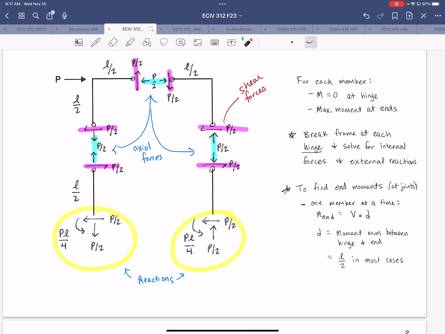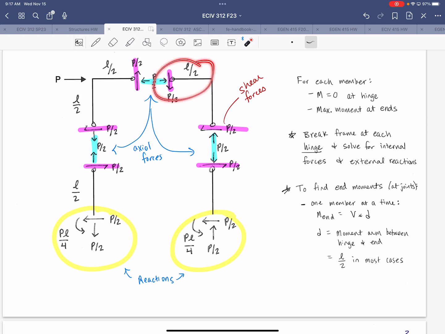Or actually, I guess a better way to explain it, because if you sum moments about the hinge, then yeah, you've got internal shear to think about over here, right? So if you sum moments about the end of the member, then you just have that internal shear at the hinge times that moment arm to get your end moment. And it's going to be the same magnitude on the other side of the beam, right?